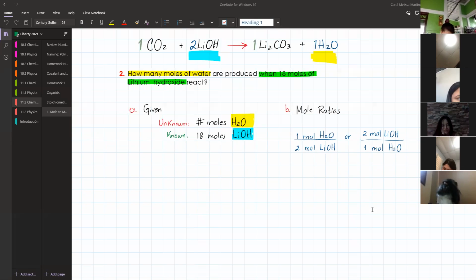After you have the mole ratios, remember that you put the coefficient, okay? 2 to 1. 2 LiOH per 1 water. Okay? That's how you read it. After this, what you do is you do the conversion process.